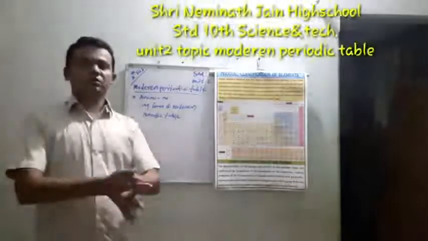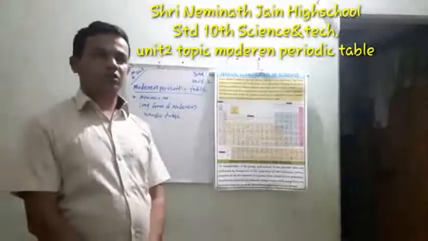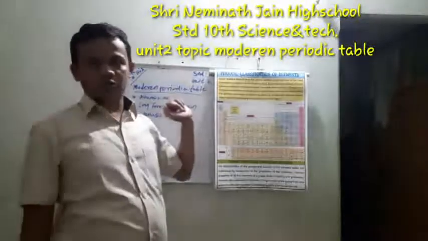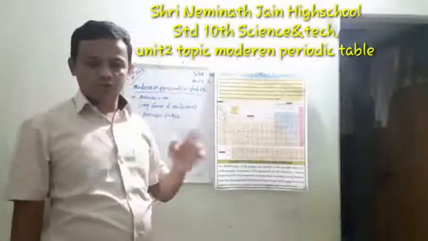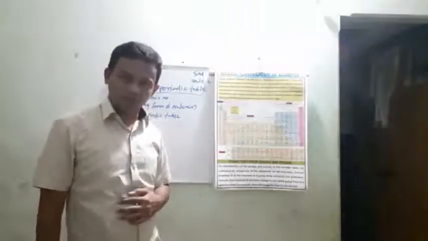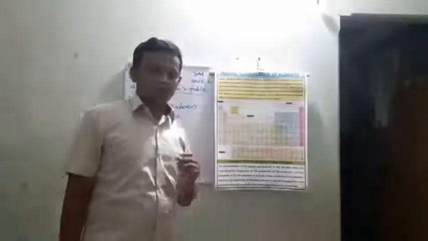Hello students, in the last lecture we saw standard 10th subject Science and Technology, Part 1, Unit number 2, that is periodic classification of elements, and in that unit we saw Mendeleev's periodic table.